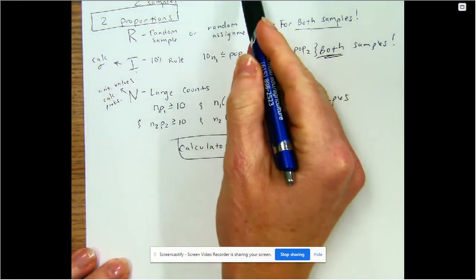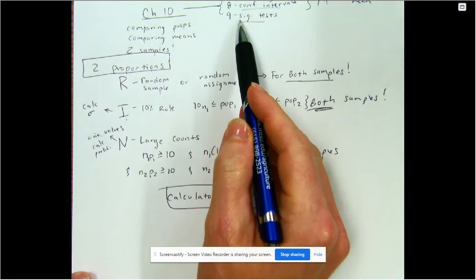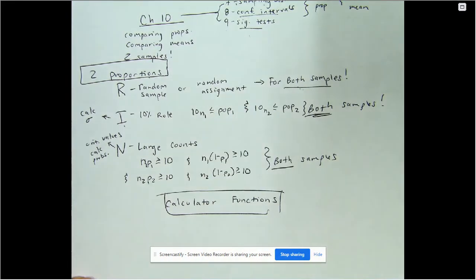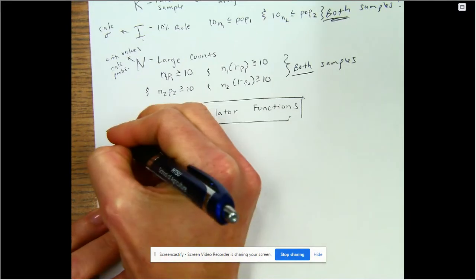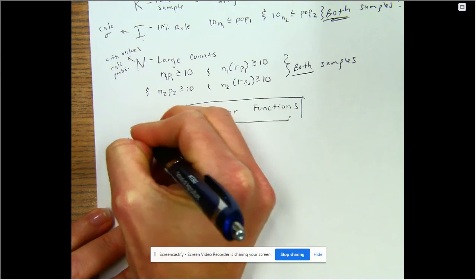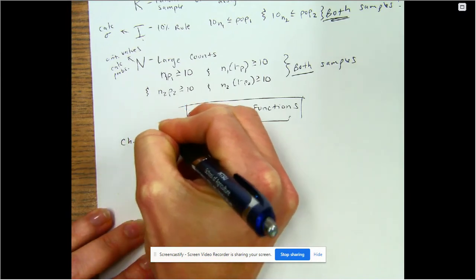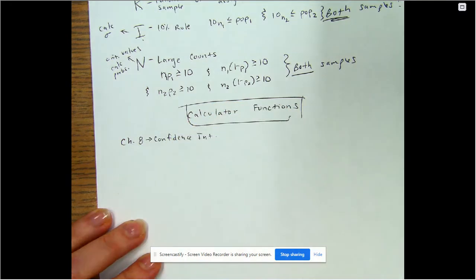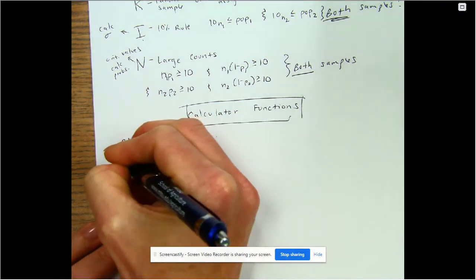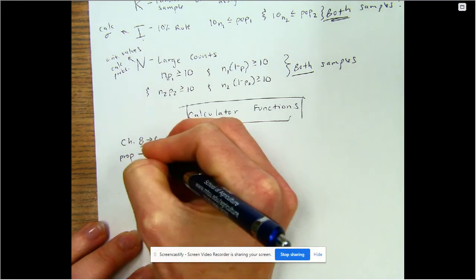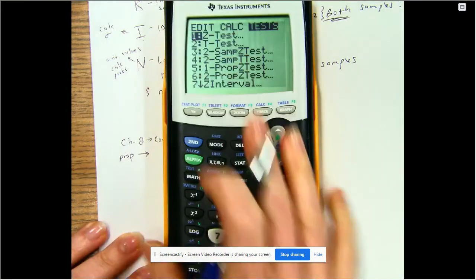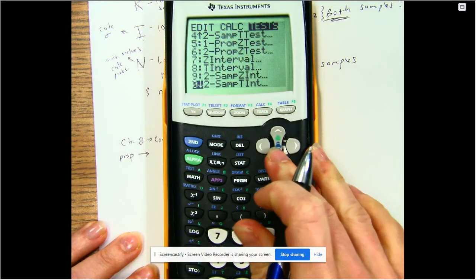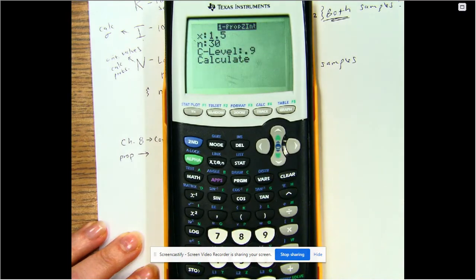So back in chapter 8, which was confidence intervals, which is what we're doing first today as well, you had two different functions. If it was about a proportion, in your calculator it was way, way down here, and it was a 1 proportion z interval.